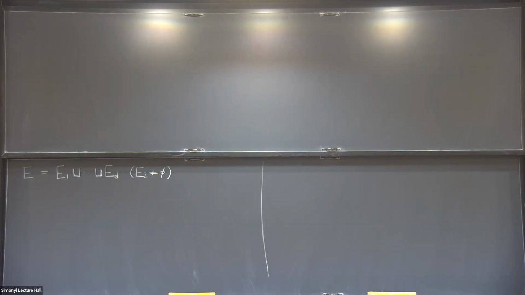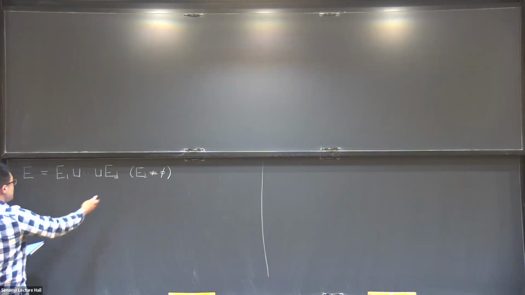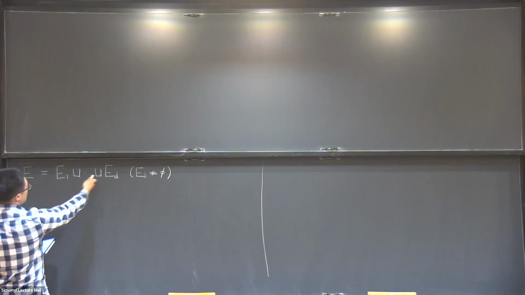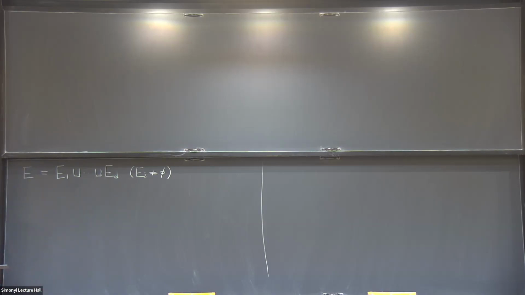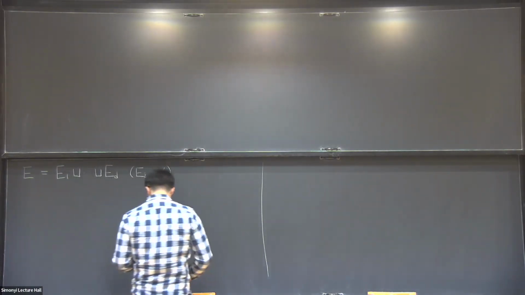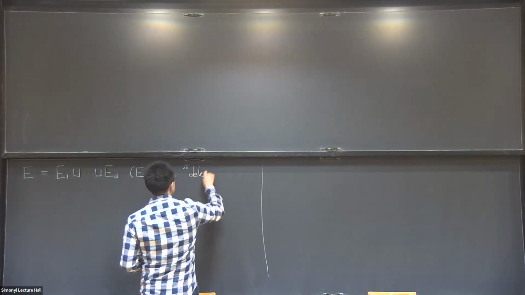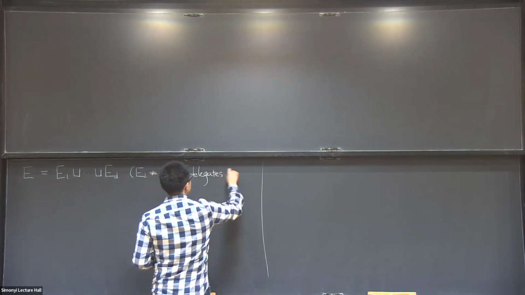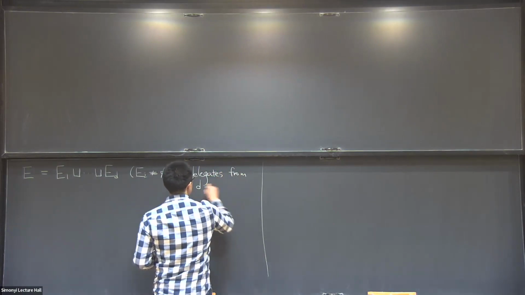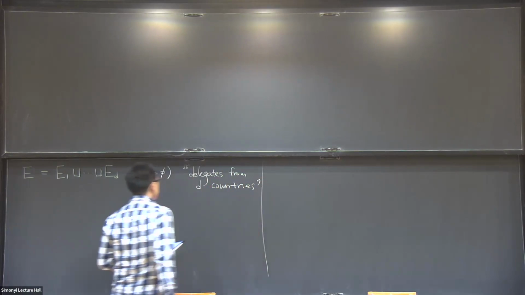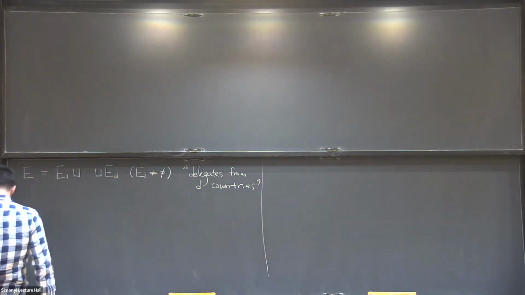So it's like an international meeting, and there are D countries, and country 1 sends their delegates, country 2 sends their delegates, and so forth. No dual citizens. Actually partition. So I'll think of these as delegates. D countries. Some flavor text if you like.